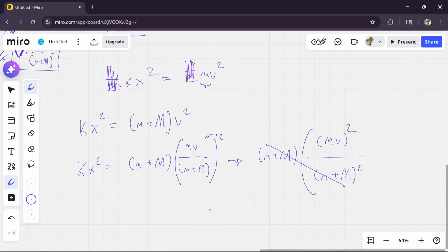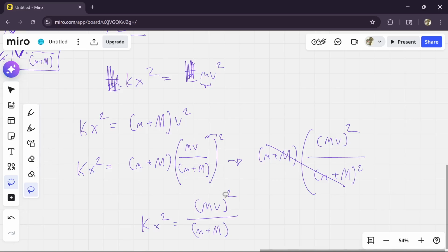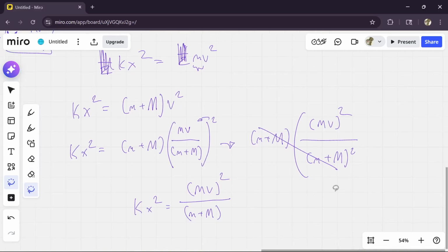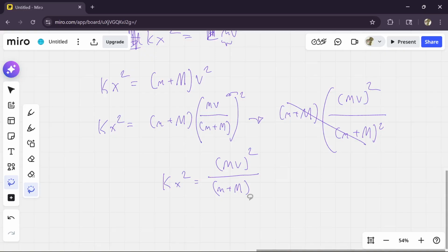So you end up simply getting kx squared is equal to mv squared over small m plus big M. Because again, if this is squared and we're canceling this out, it's only going to remove one of the versions of small m plus big M, so it'll leave the other one as well.